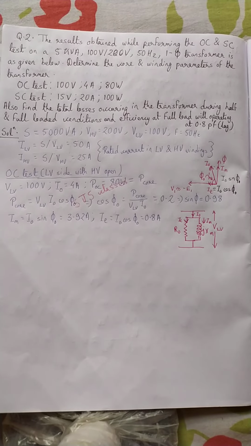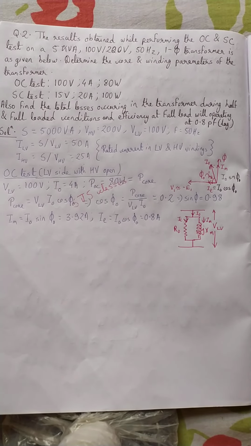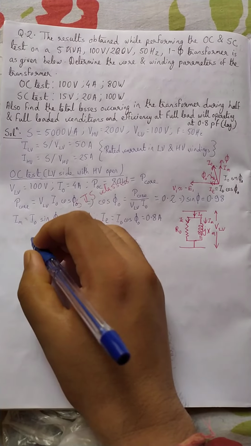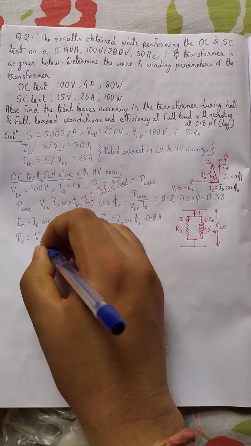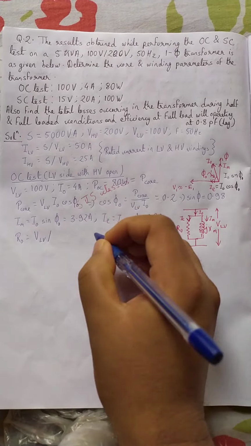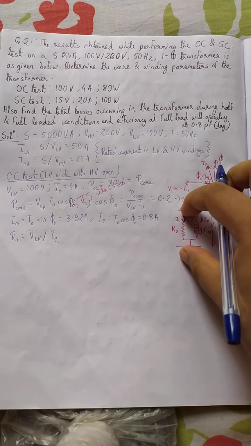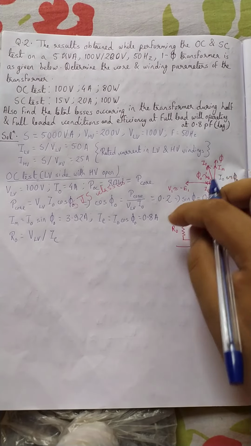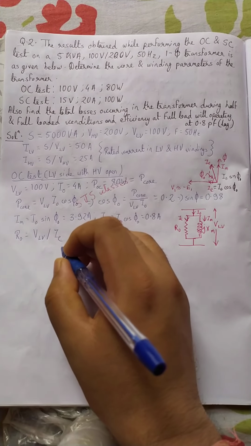If you draw the equivalent circuit of a transformer, this is what happens. So can we say that R naught will be equal to VLV divided by IE? This voltage VLV by the current IE will be equal to R naught.